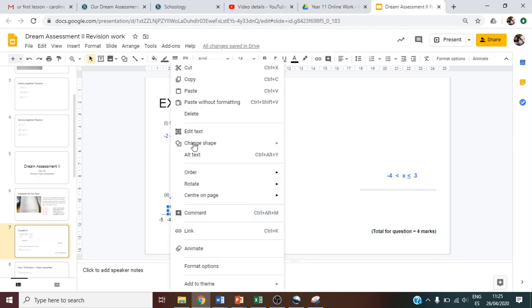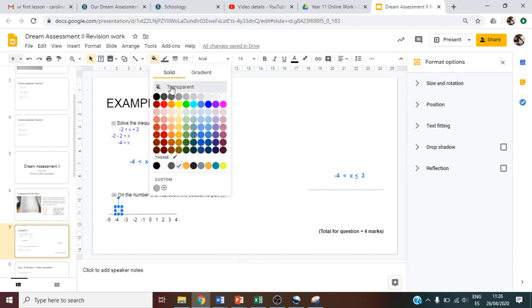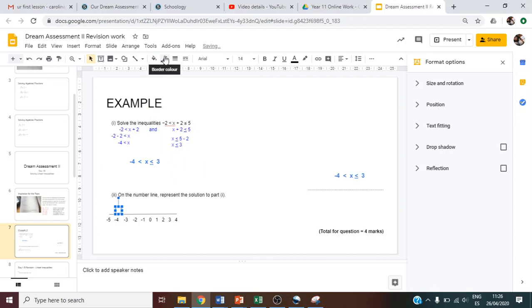I'll right-click it. How do I do it? Format options. There are definitely limitations here. Here, fill color, transparent. Okay, so it's transparent, and my line color is black, so it's really clear.